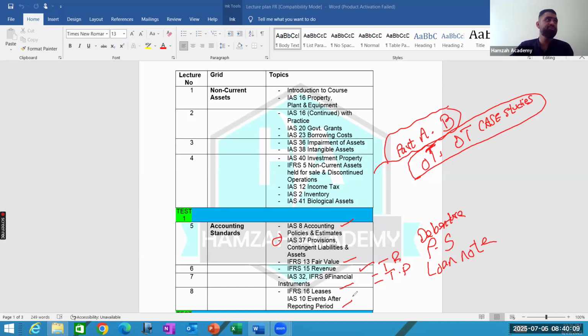For example, if your financial year end is 31st December and management authorizes the financial statements to be issued to the shareholders on 1st March, then from 1st January to 1st March, these 2 months will be known as the after reporting period. The events which take place in these months will be known as events after the reporting period. How to account for such events, we will learn in IAS 10.